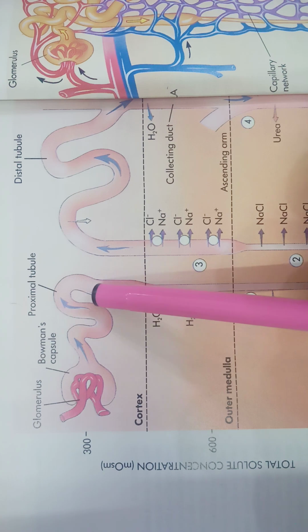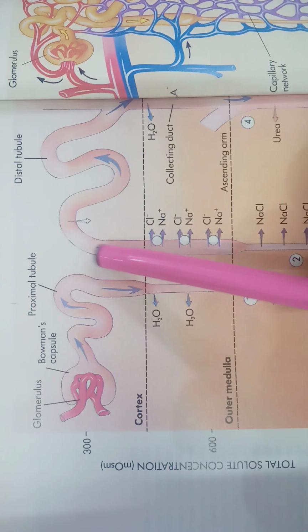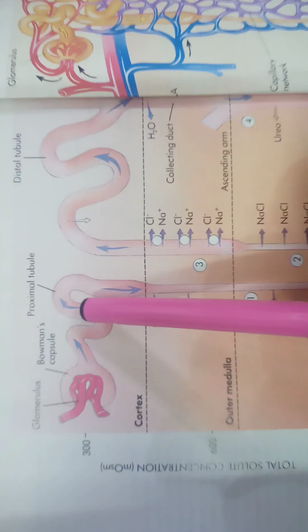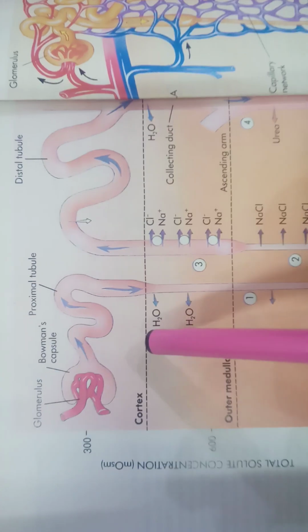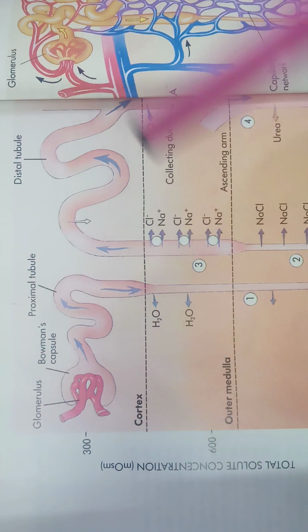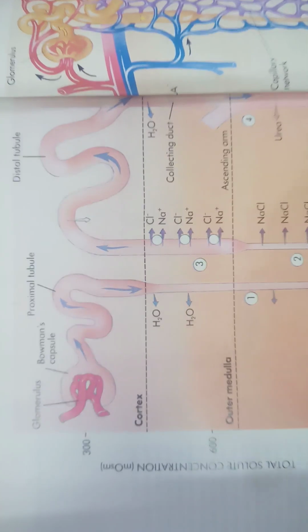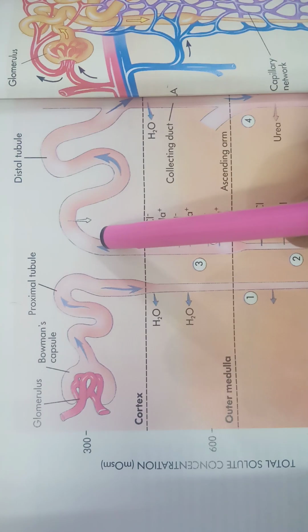95% of the amino acids and glucose and 70% of the sodium ions and water are reabsorbed from the proximal tubule into the blood vessels. The third part is the loop of Henle. This is the descending limb and this is the ascending limb.